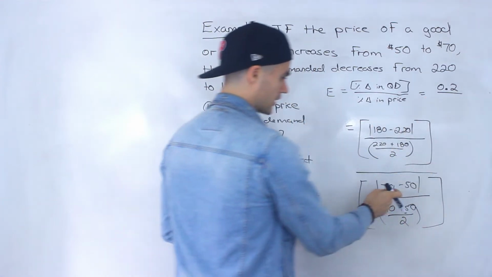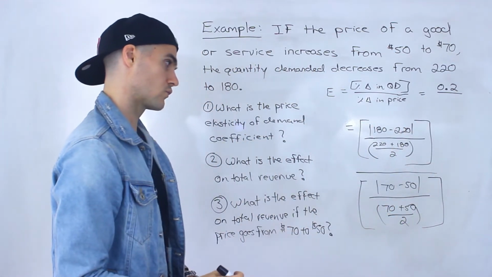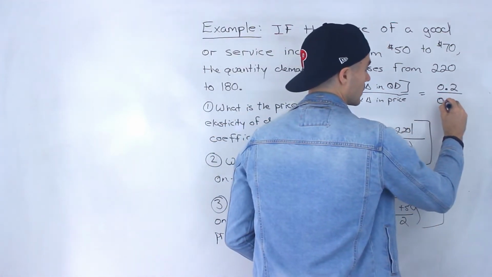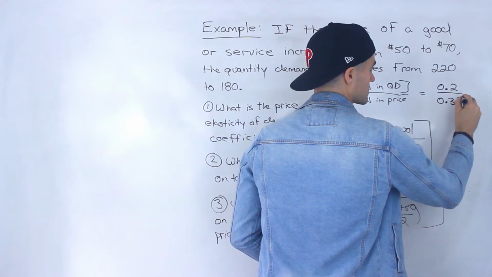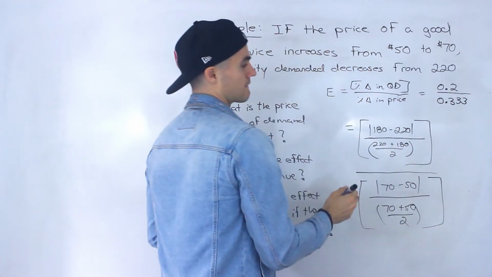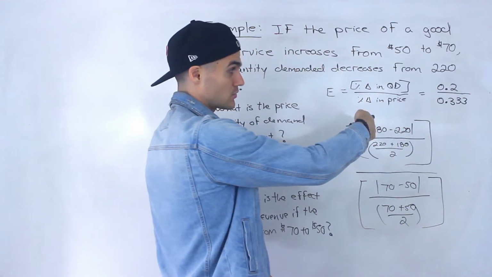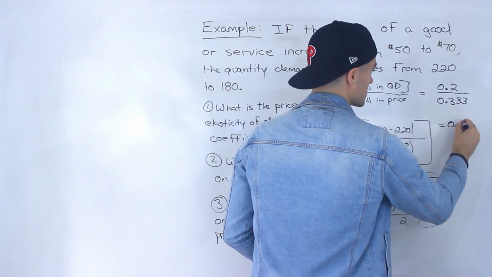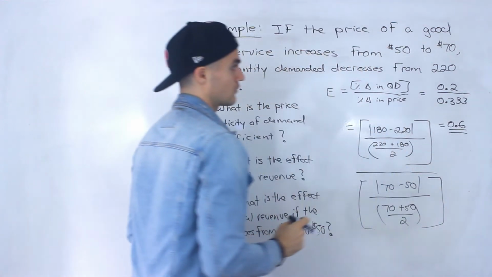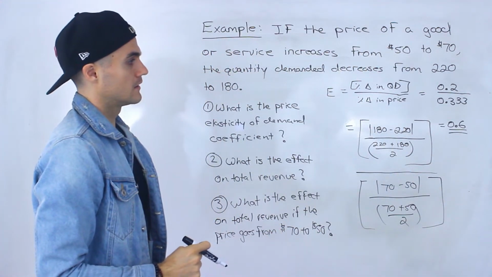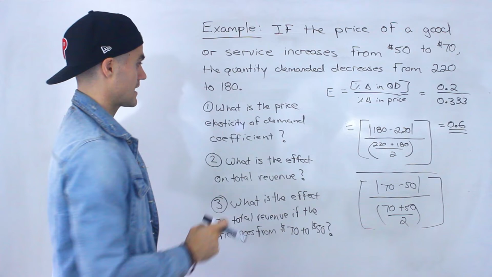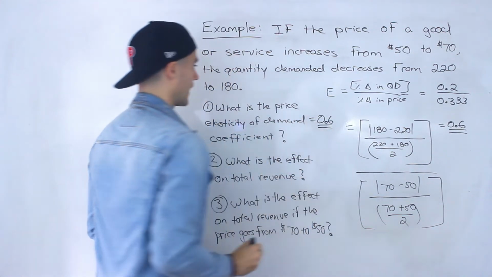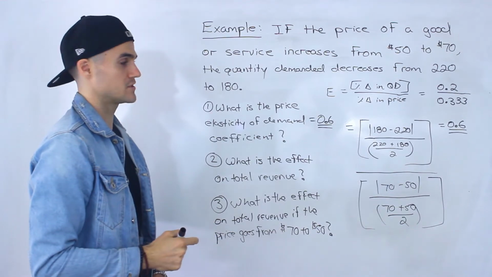And over here, we're going to end up with 20 over 60, which is going to be 1 over 3, which is 0.33 approximately, repeating. And 0.2 divided by 0.33, we would end up getting approximately 0.6. Okay, so 0.6 is the answer for number 1. That is the price elasticity of demand coefficient.